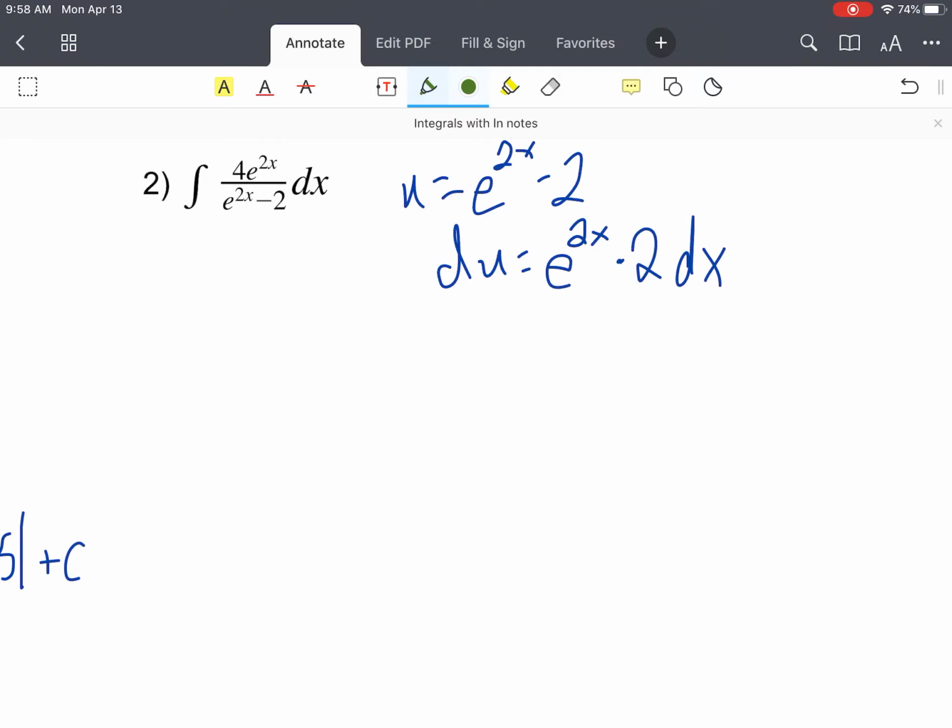So we have our u. Our du, we have the e to the 2x, but there's a 4 up here that I don't want. I want a 2. Okay? So I'm going to take out the 4, and I'm going to put in a 2, which means I'm going to divide by 2 on the outside.